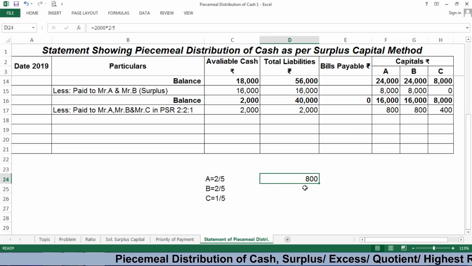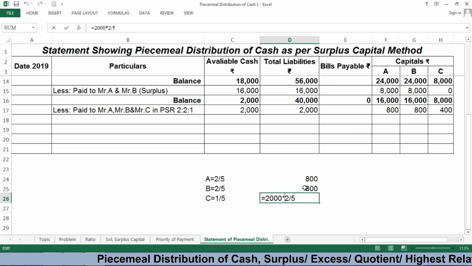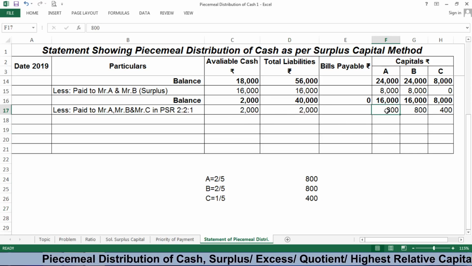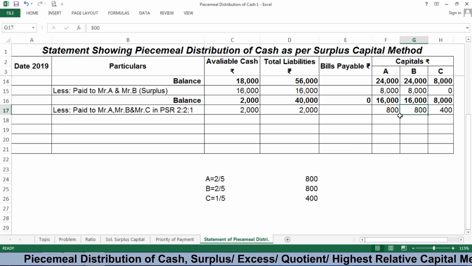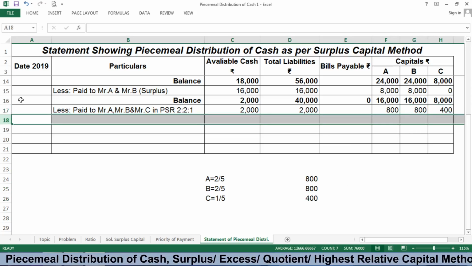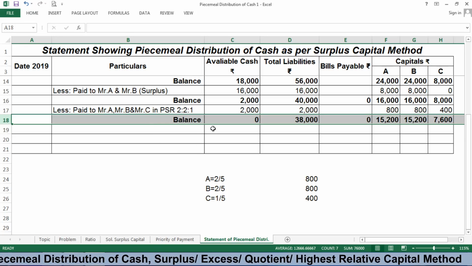So here A and B's share will be the same. However, C's share will be 1, that means 2000 divided by 5 equals 400. So here you can see we pay 2000, our cash and total liability will be reduced by 2000, and Mr. A will get 800, B will get 800 same, and C will get 400.